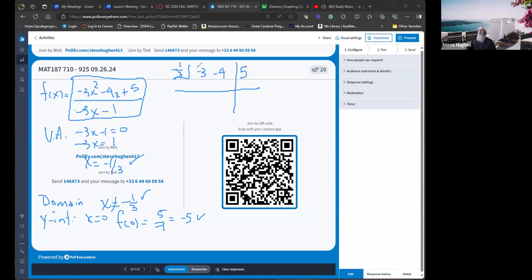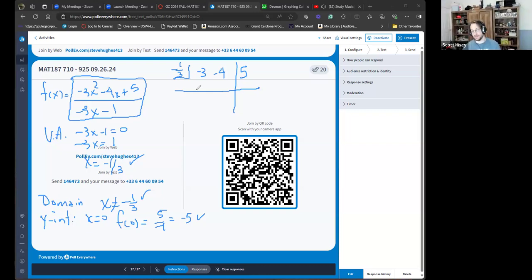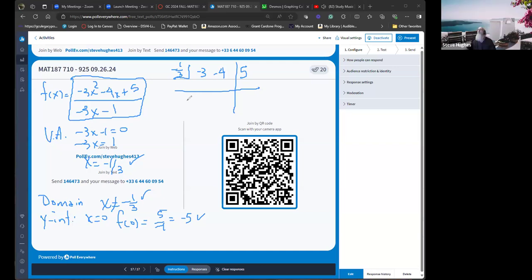Now you do your synthetic division. What's step 1 for synthetic division, everybody? Bring the negative 3 down. All right. Now I multiply. Negative 1/3 times negative 3 is 1.